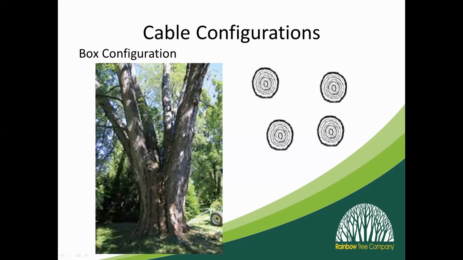We'll talk about that. So, box configuration. When you connect four or more limbs or leaders, maybe there's not a great section where you can do a triangular configuration. This method should only be used when minimal direct support is needed. You're not going to get that great support.